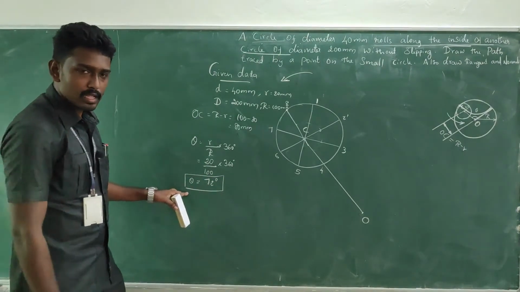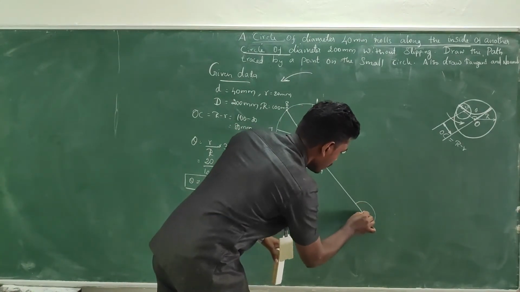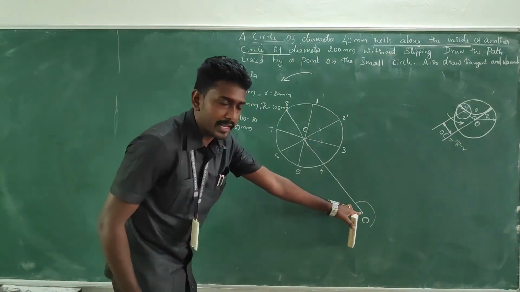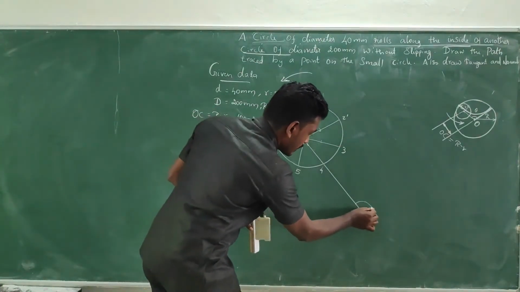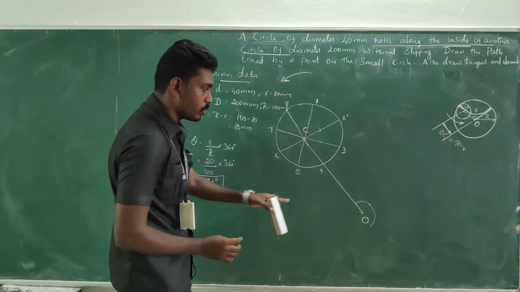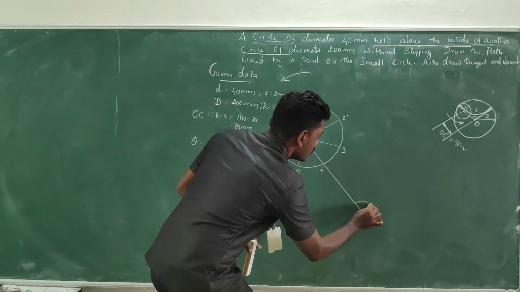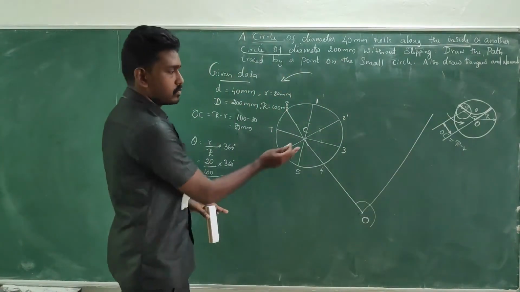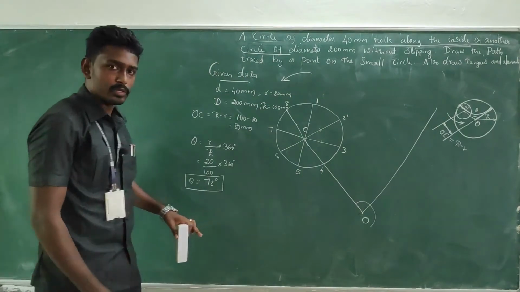What is next? Keep the protractor on the OC line with O as the center in this manner, and measure 72 degrees. Approximately, I can say here would be the 72. Just noting that, go for a straight line, a little above the circle.